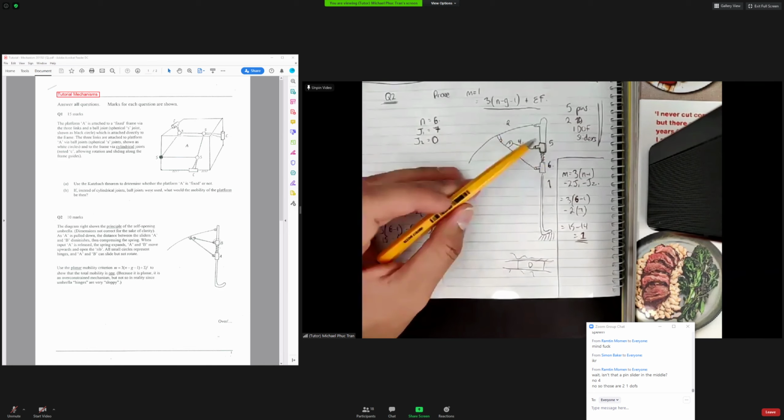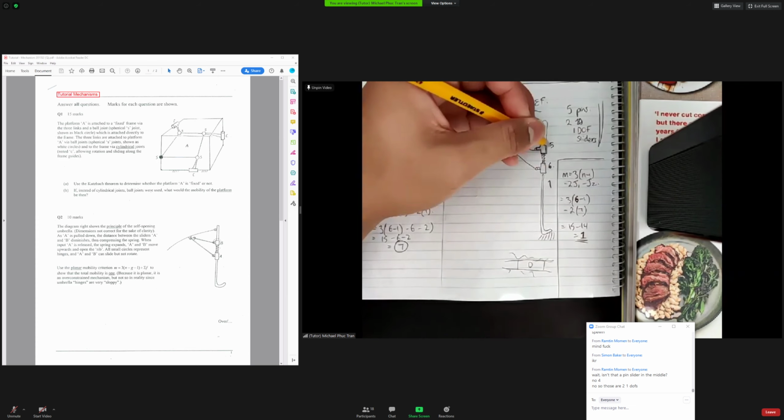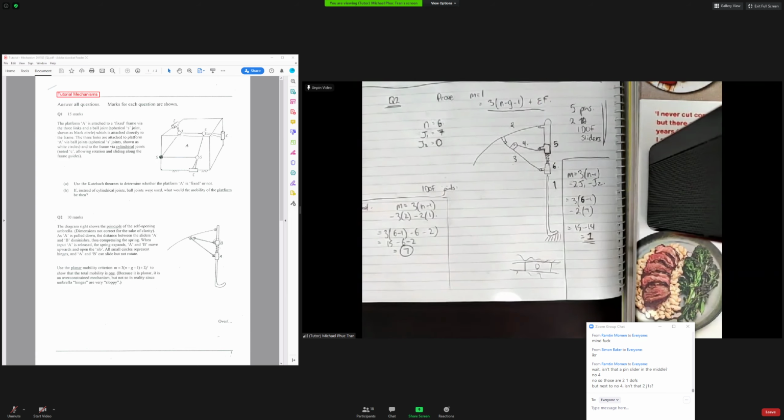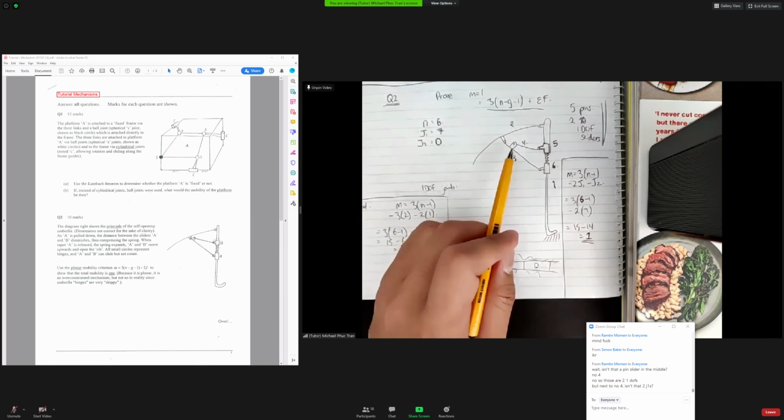Yep. So where 5 is, you have a pin and a slider. But next, yeah, it is 2.